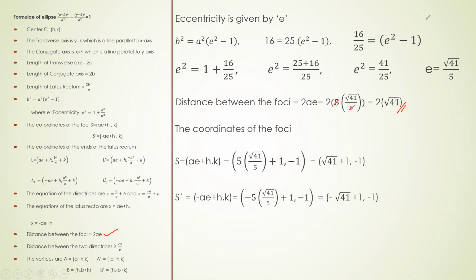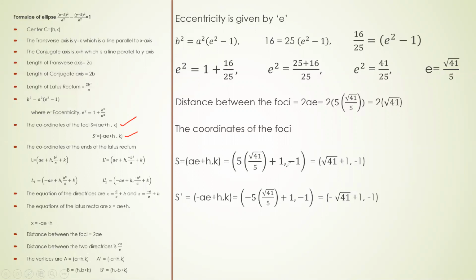Now similarly, we have to calculate the coordinates of the foci. The coordinates of the foci are given by (ae plus h, k) and (minus ae plus h, k). So S is equal to (ae plus h, k). The a value is 5, the e value just calculated is root 41 divided by 5, plus h.